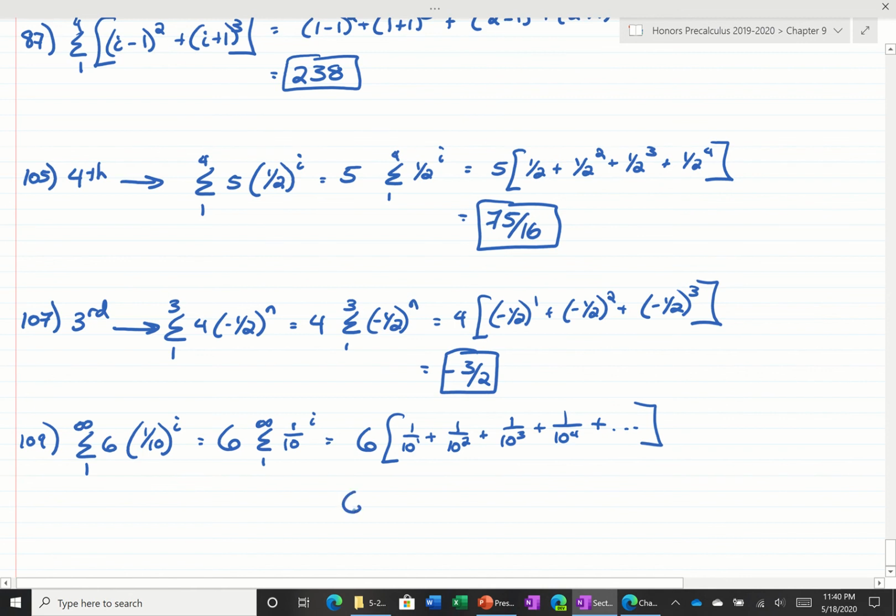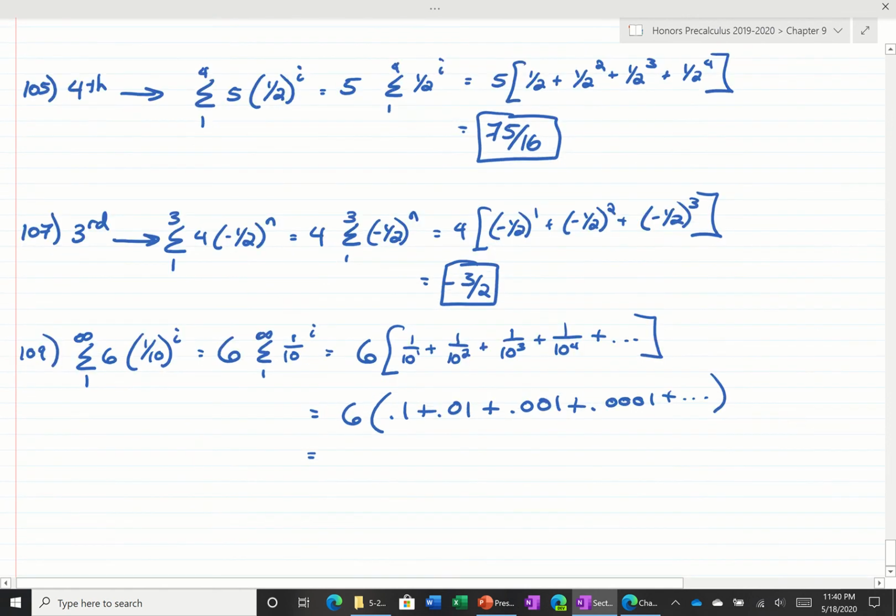So this is going to be 6 times 0.1 plus 0.01 plus 0.001 plus 0.0001, and so on, which is going to be 6 times 0.11111, or 0.6 repeating, which is 2/3. Doesn't matter how you write it.